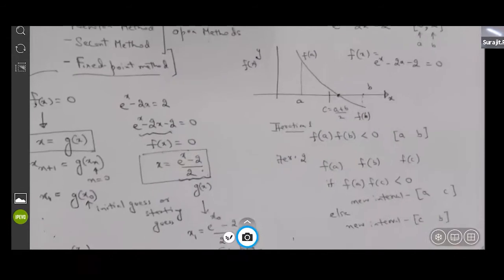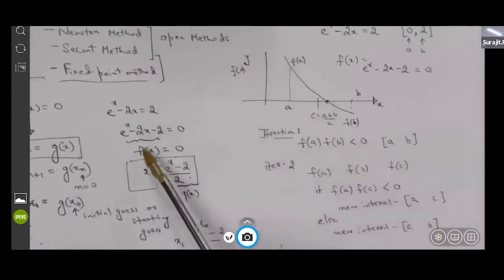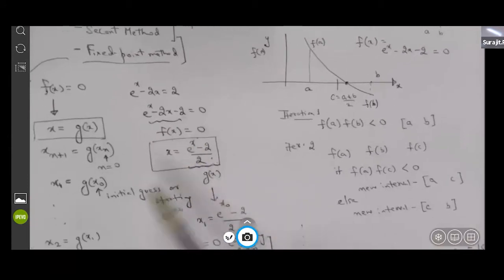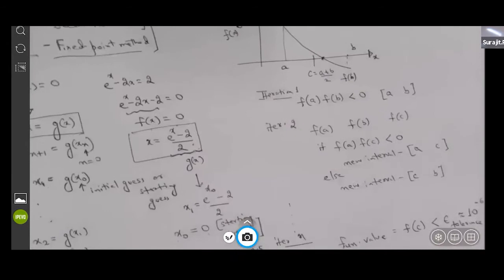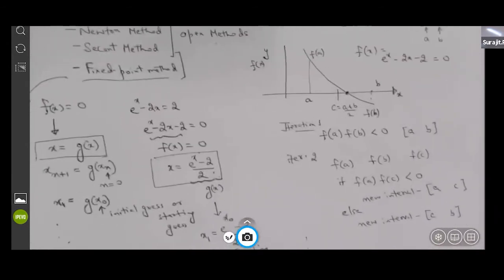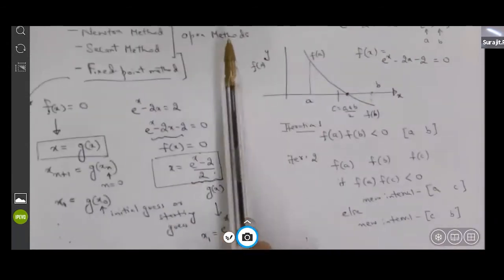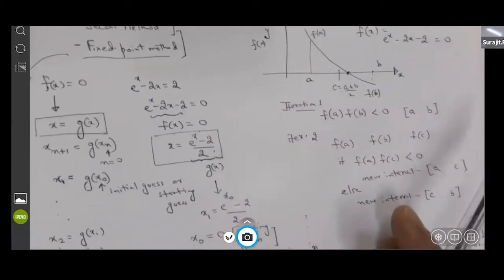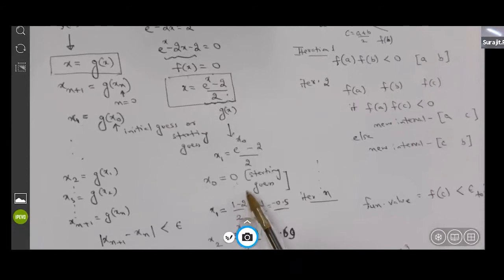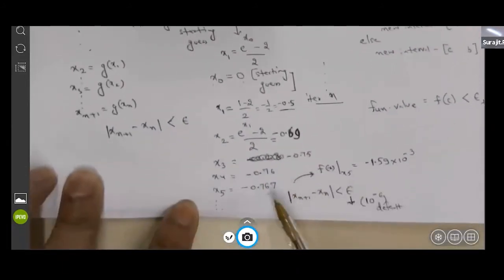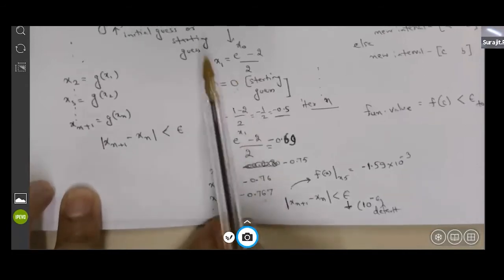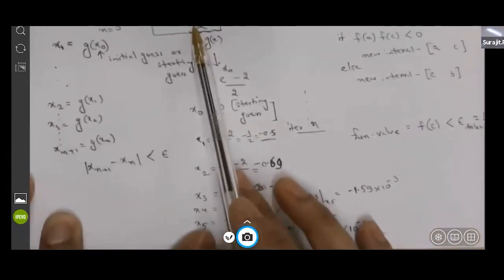But when I use the same equation and the same function, I am now using fixed point iteration, an open method, which is a class of method that does not need a bracket or interval. I start with a guess, and with that guess I get a value close to negative 0.676, which is basically another root of this equation, isn't it? Do you see what I'm doing here?